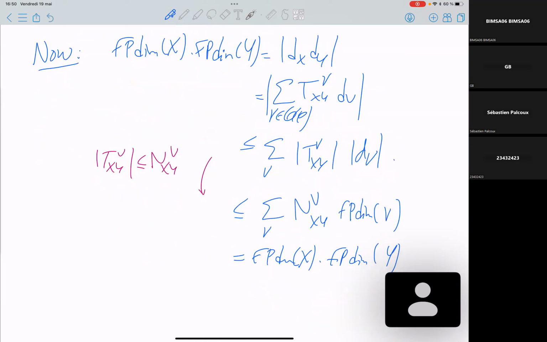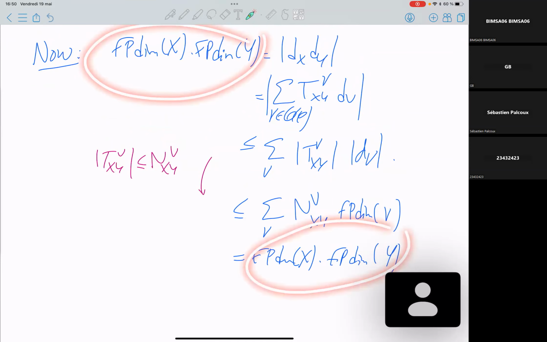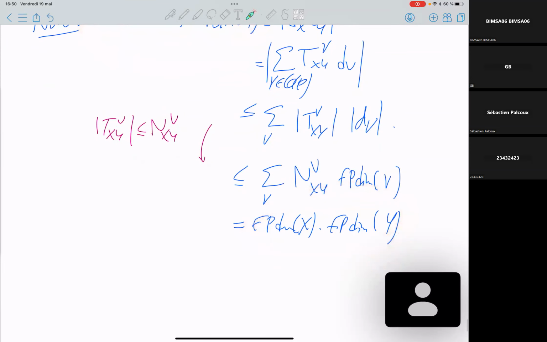So you have a chain of inequalities between two equal numbers. So every intermediate should be equal. So the equality holds.